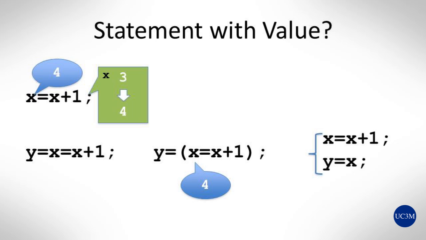We evaluate expression x plus 1, for instance with x equals 3, so it's 4, and assign that value first to x. And then we assign the value of the assignment statement, which is also 4, to y. So you can imagine some parentheses around the assignment of x. It's like first assigning x plus 1 to x, and then x to y.